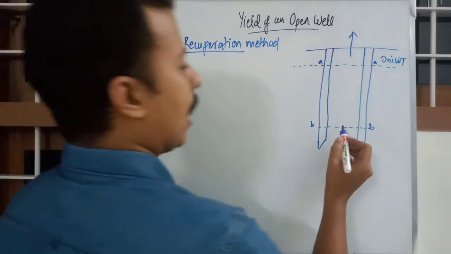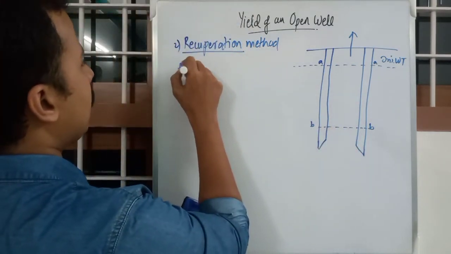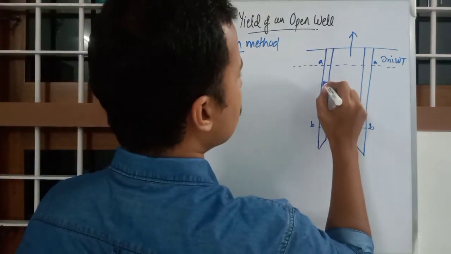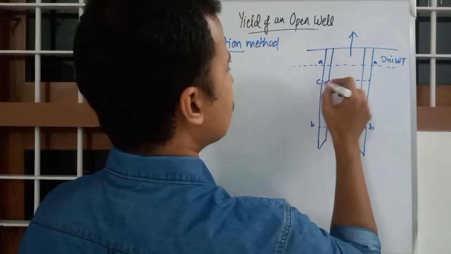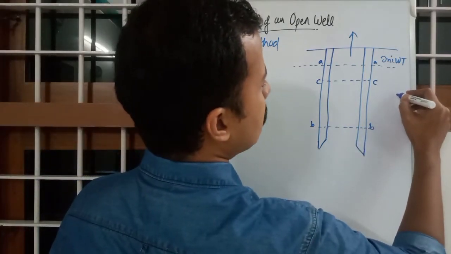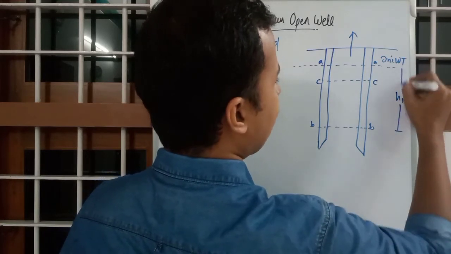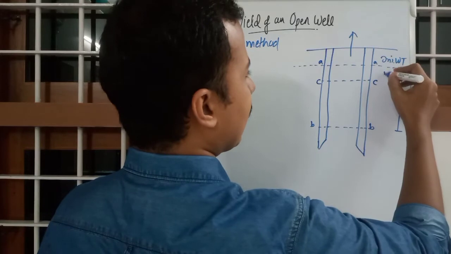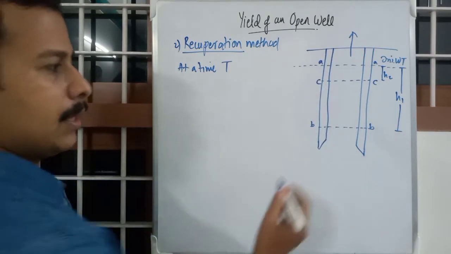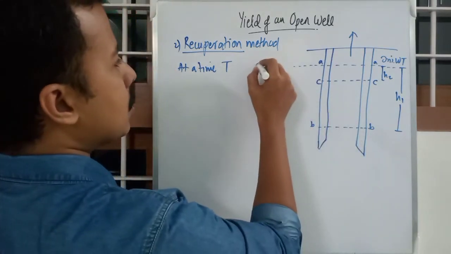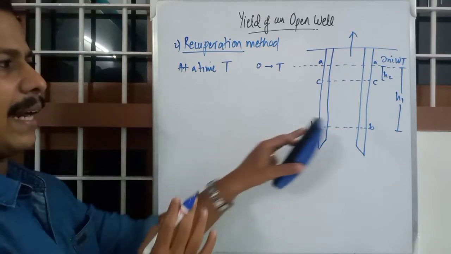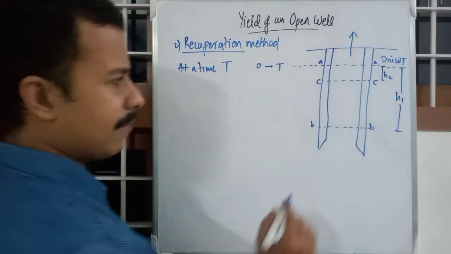Okay, so after a time t, capital T, it will reach, say, this level, CC. Okay, and the height up to which we depressed it, we'll name it as H1, and the second height we'll name it as H2. H1 and H2. This was time 0. So 0 to capital T to reach CC. Okay, and suppose we are taking another small quantity at a very small time interval dt.